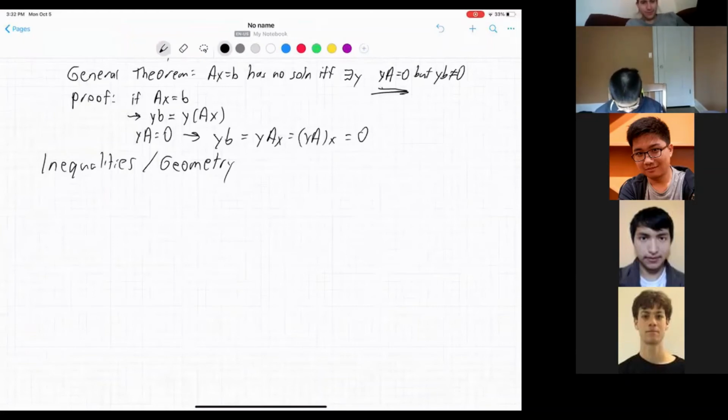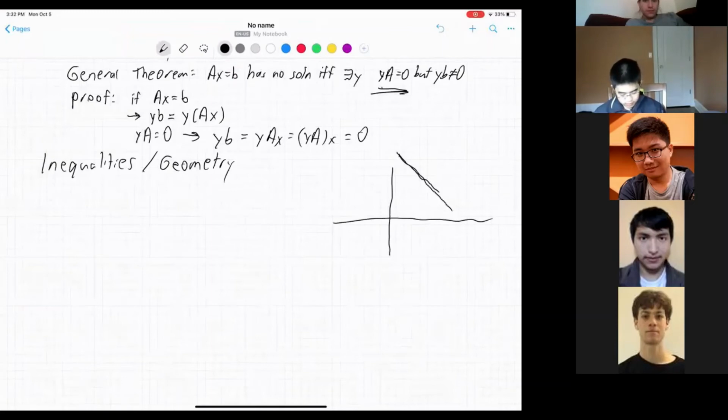So if I think about a 2D linear programming problem, each of my constraints is a half space. It's a line, right? It's a line which allows the points to be on one side of that line.